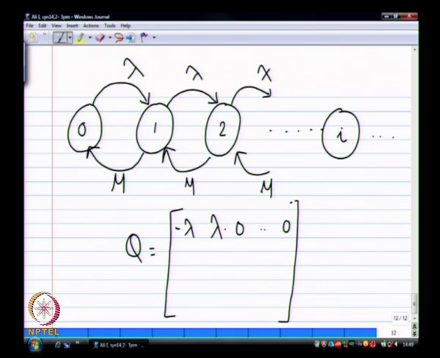I am using the fact that the elements in a row add up to 0. So the rate of transitioning from 0 to 0 is minus lambda, the rate of staying in the same state, and the rate of going to the next state is lambda. From 1 to 0 I will go with rate mu, and 1 to 2 with rate lambda. So the diagonal entry for staying in the same state is minus lambda plus mu, and so on.